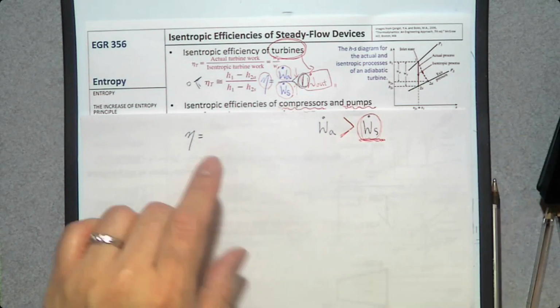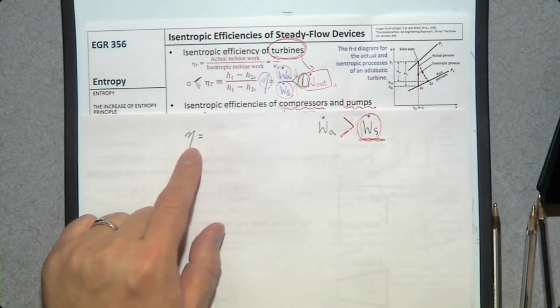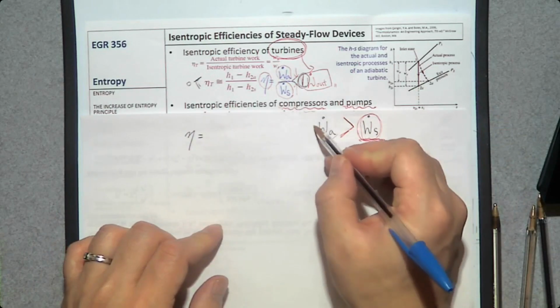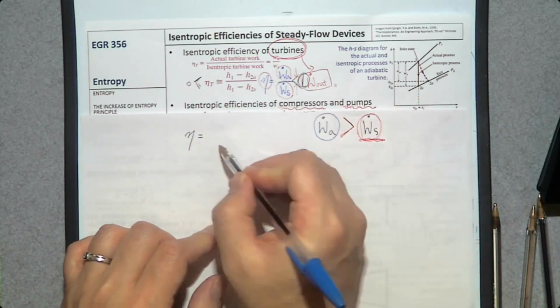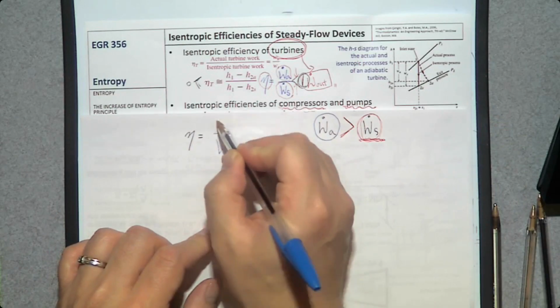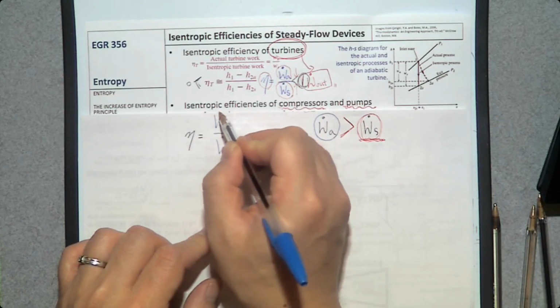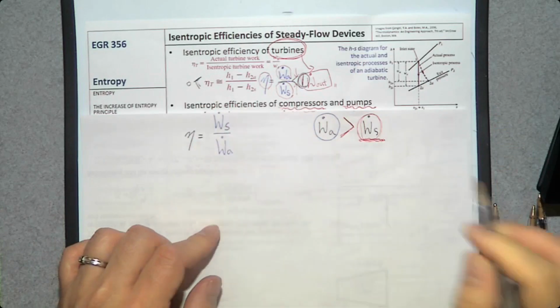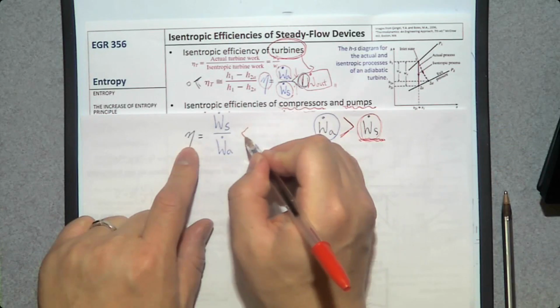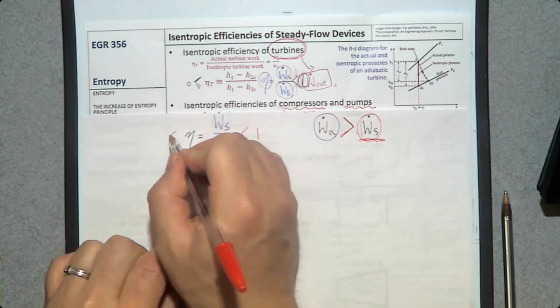So in this case, if you want to determine the isentropic efficiency, the power consumed by the actual compressor goes to the denominator, and the power consumed by an isentropic compressor goes to the numerator. In that way, this efficiency has a value between 0 and 1.